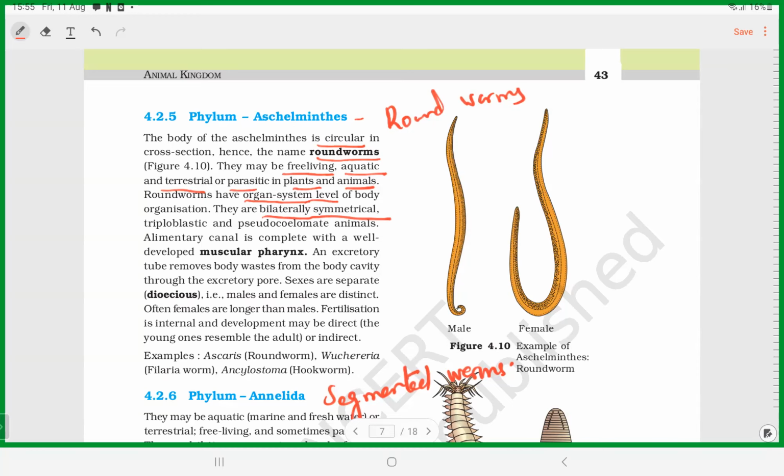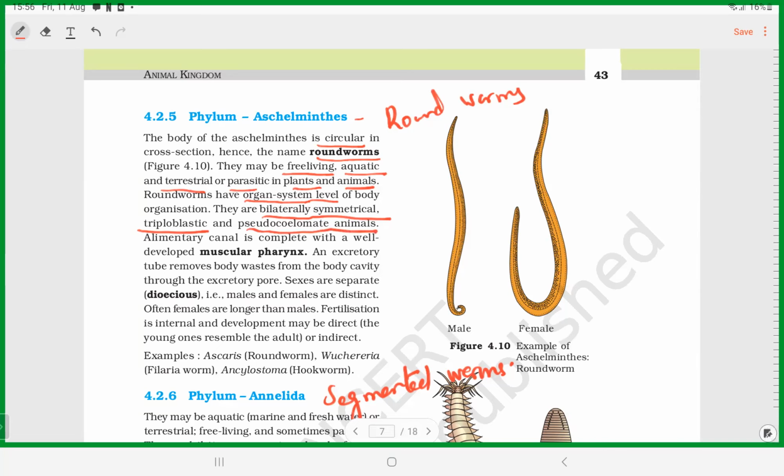That's bilateral symmetry. And they are triploblastic organisms, meaning three germ layers, endoderm, ectoderm and mesoderm, are all present. So that's why they are called triploblastic organisms. And they can also be called pseudocoelomate animals. So these are all the important characteristics.